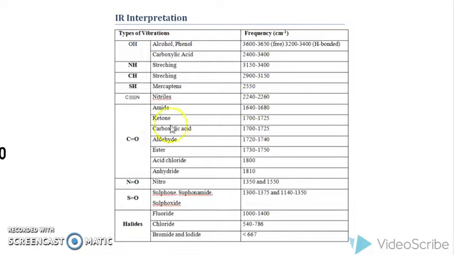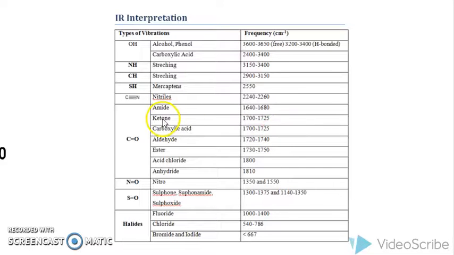Now carbonyl compounds. Different kinds of carbonyl functional groups may be present. In case of amide, it comes between 1640 to 1680. In case of ketone, it comes at 1700 to 1725. Same for carboxylic acid, 1700 to 1725.